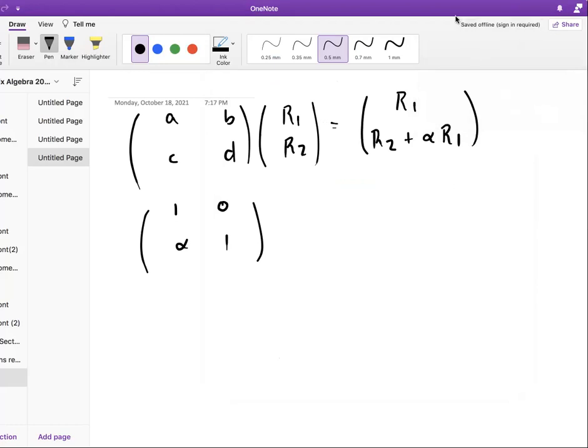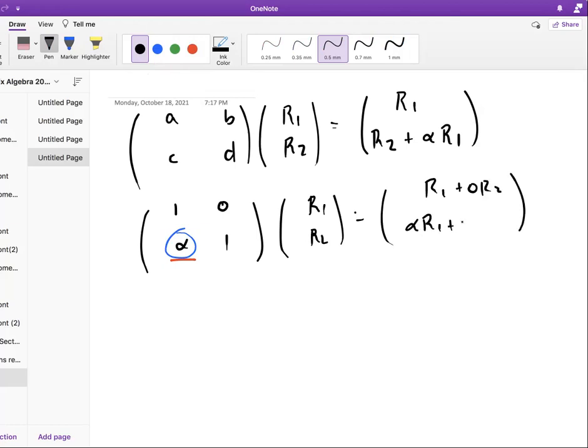Cool. Okay, so yeah, this works. So if you put alpha, you said 1, 0, 1, 1, but this would need to be an alpha, right? That is what you're affecting row 1 by. This tells you add an alpha multiple of row 1. So I have row 1 plus 0 row 2, and I have alpha row 1 plus row 2.